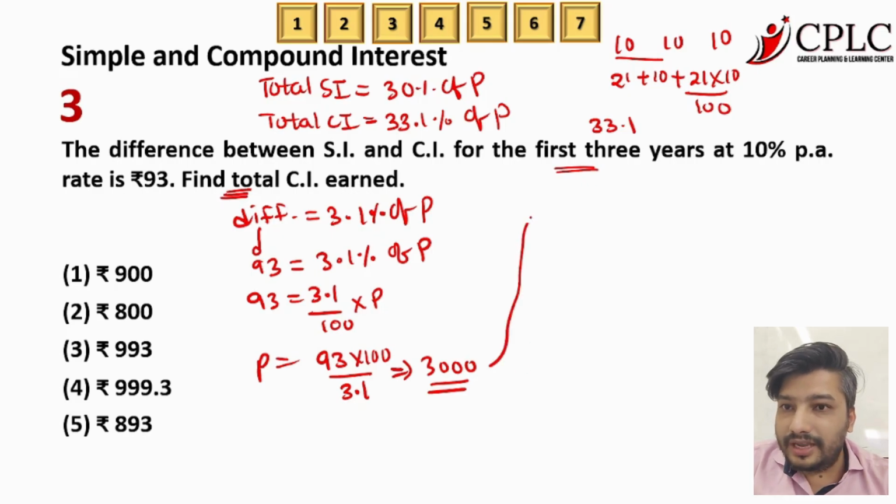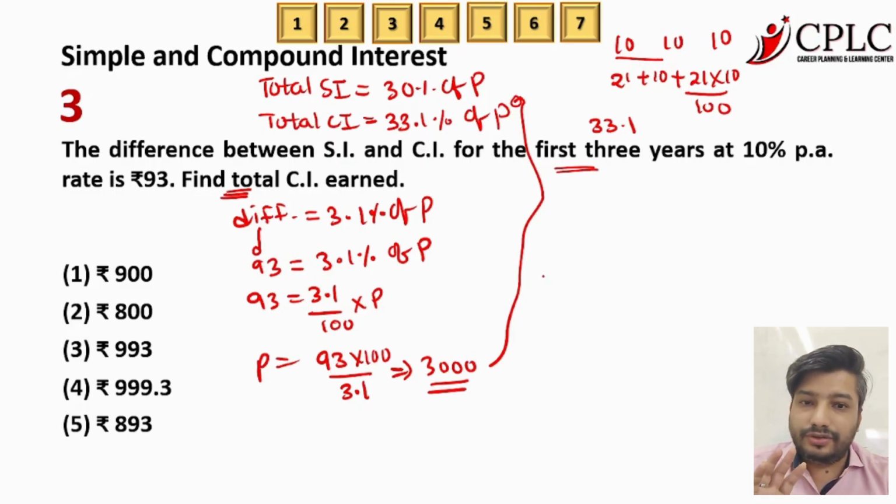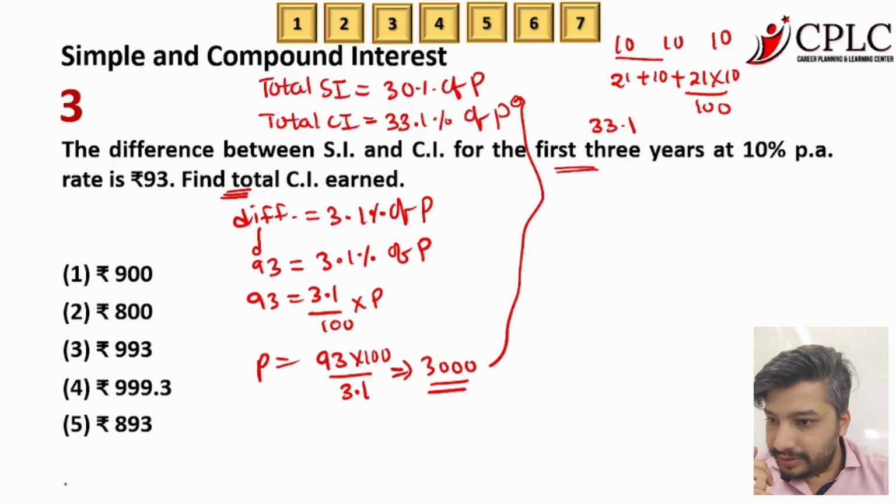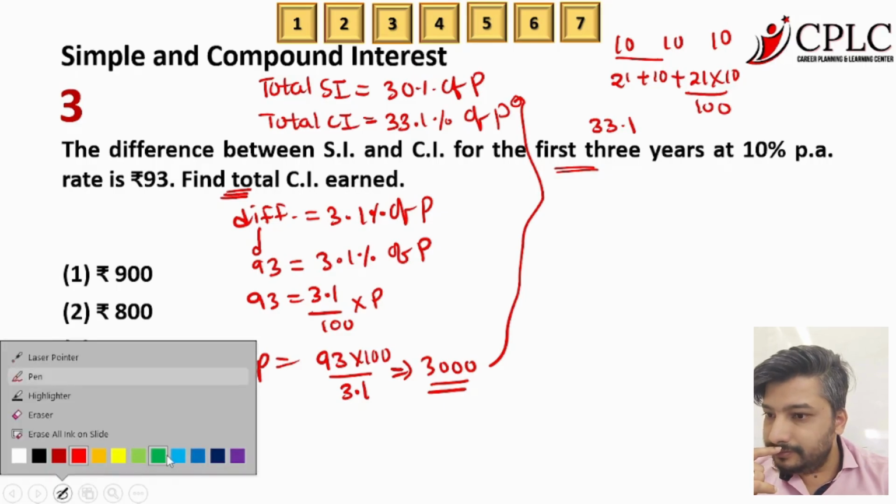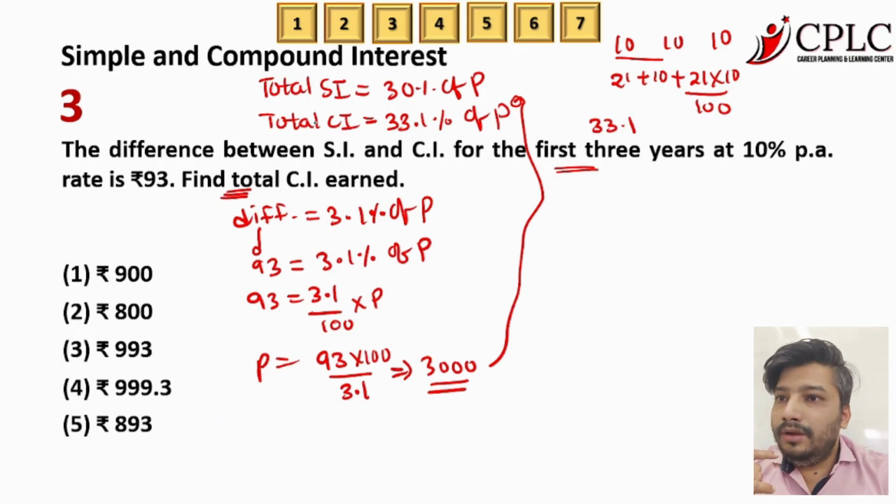Now what I can do is I can simply go here and substitute and I will get the answer after solving. But I will not recommend that because the numbers are not good. 33.1% of 3000. Instead, what you can do is you can think of simple interest. Why simple interest?